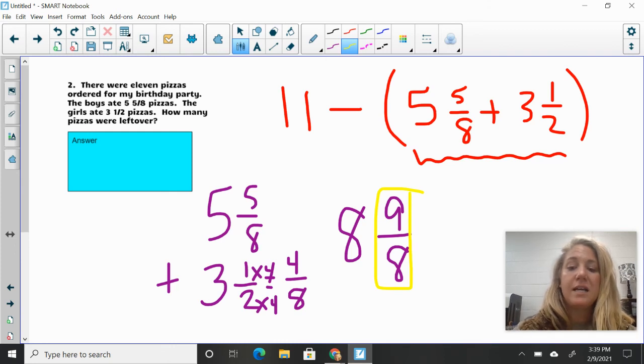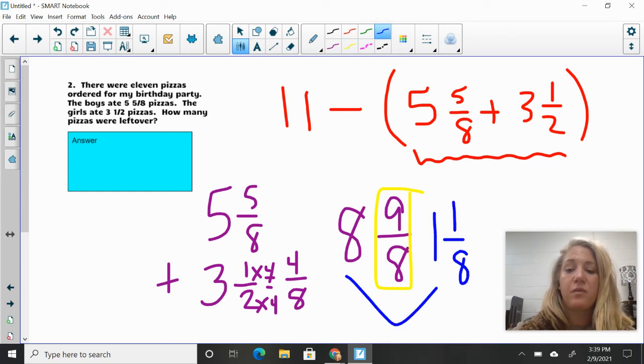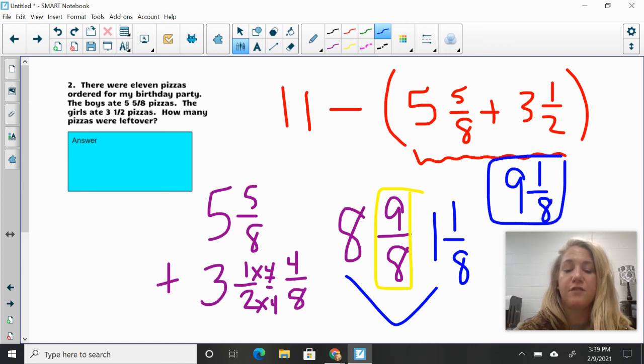So 9/8 as a mixed number is going to be 1 and 1/8, which I need to combine with the 8 whole. So all together, they have eaten 9 and 1/8 of the pizza. Okay, so 9 and 1/8 is what they have eaten so far.